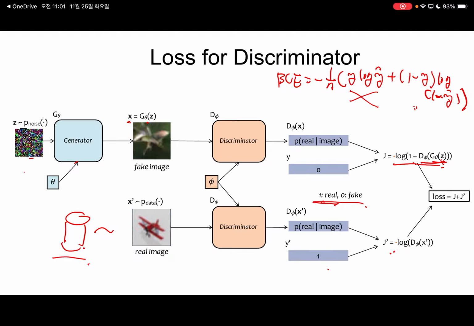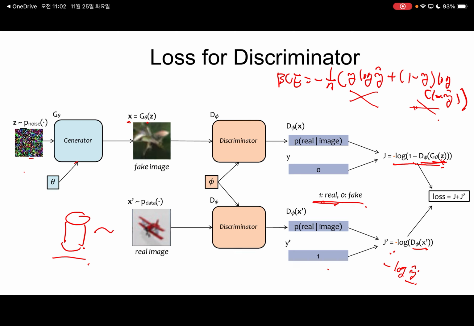Y becomes 1, then this term disappears, so that it is minus log y hat. Y hat is the output of the discriminator, D phi x dash, where x dash is from our training set. So there are two loss functions. This is simply binary cross entropy for the discriminator.